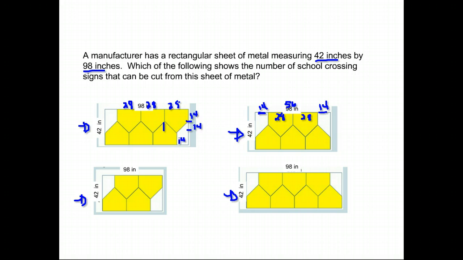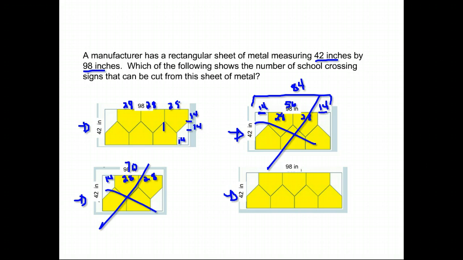That only adds up to 84. Okay, so I know this one is not right. Okay, what about this one? What if you had 2 full ones and a half of a one of 14? Does that add up to 98? Nope, it doesn't. It adds up to 70, so it can't be that one.